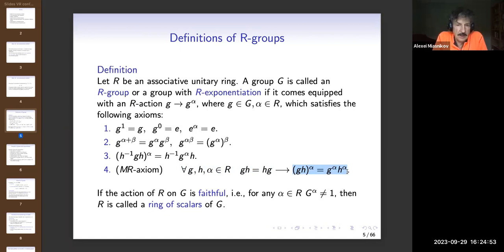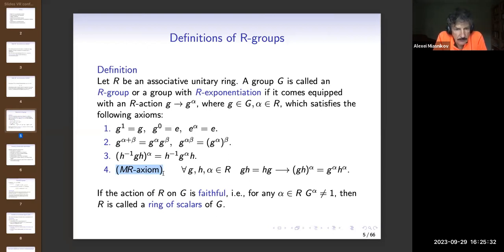In other words, abelian R subgroups must be just R modules, which is convenient because you don't want abelian R groups to be far from R modules. I have to say that all examples that Lyndon considered were without introducing this axiom, but these examples always satisfied it anyway. I will say a few words about this later.